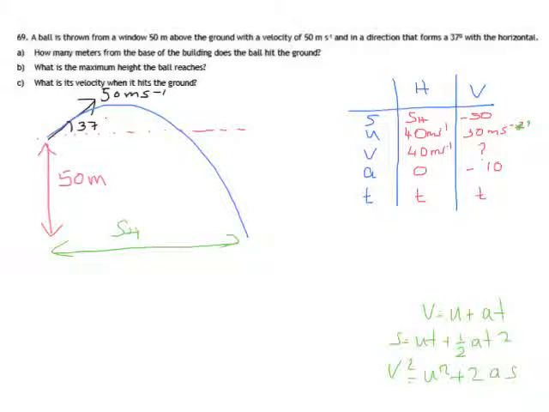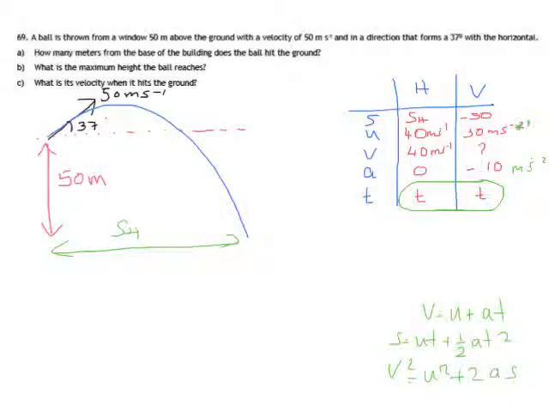Now, final velocity. The final horizontal velocity is 40 because there's no acceleration. And our final vertical velocity, we have no idea. We do know, however, that the acceleration is 10 meters per second squared. Our time is unknown as of yet, but that is probably the first thing we need to find.